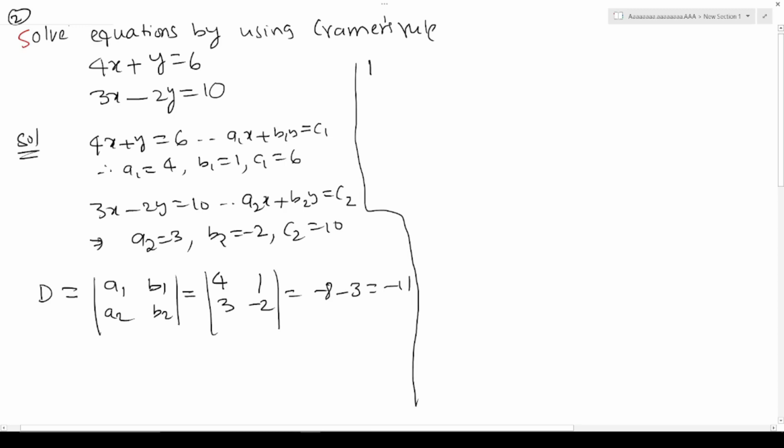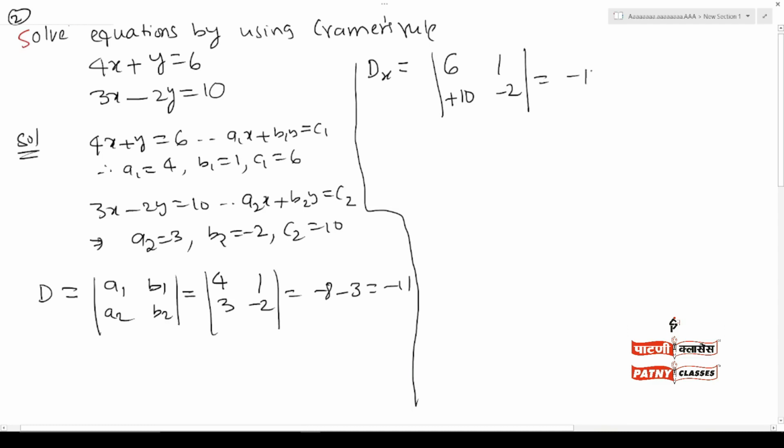After that, I find dx. dx is nothing but, in place of a1, a2 we write c1, c2, that is 6 and 10, and b1, b2 as it is, that is 1, minus 2. This is minus 12 minus 10 equals minus 22.